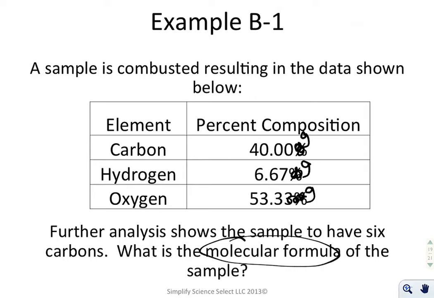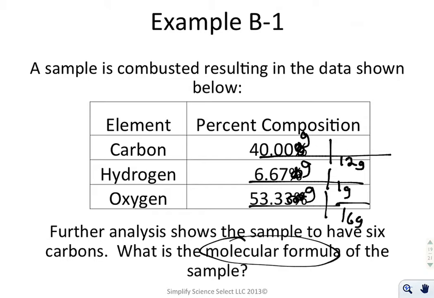Okay? Then what we would do is divide each by the molecular mass of each element. Carbon is 12, hydrogen is 1, and oxygen is 16. As a result, we get the number of moles of each in the sample.